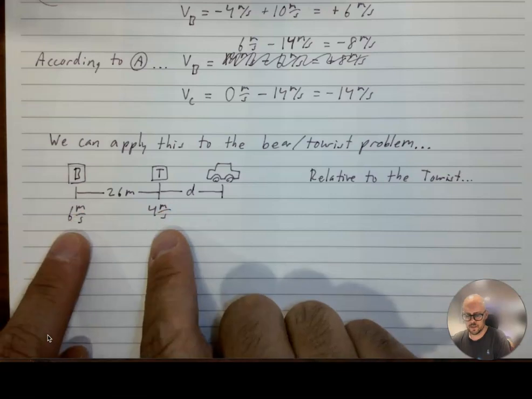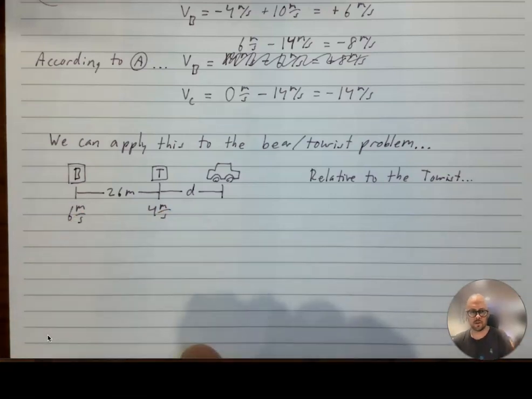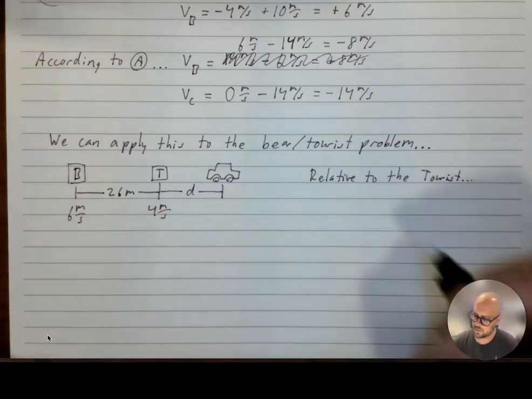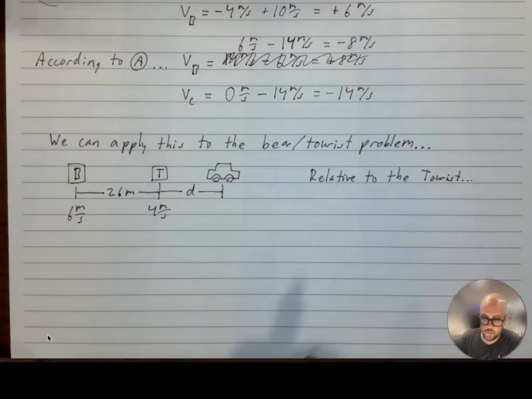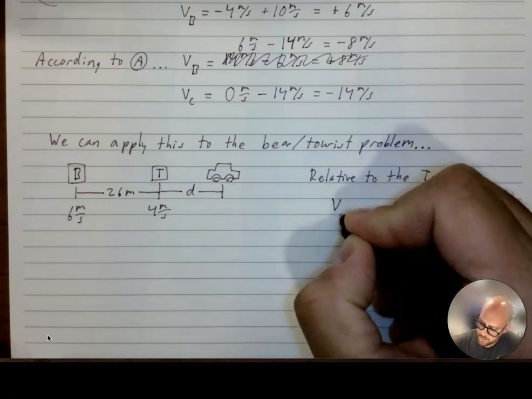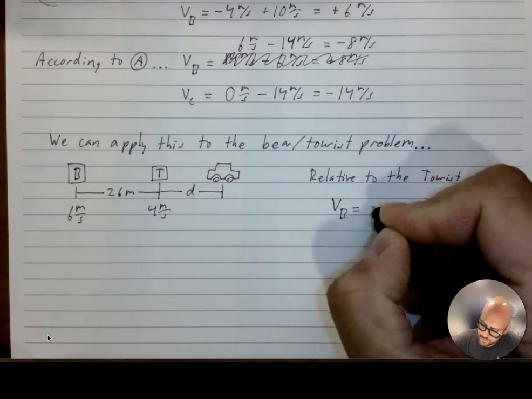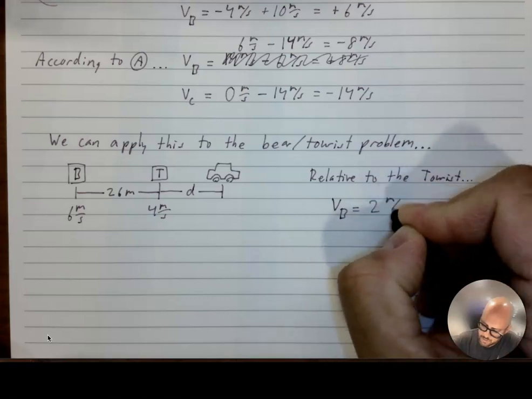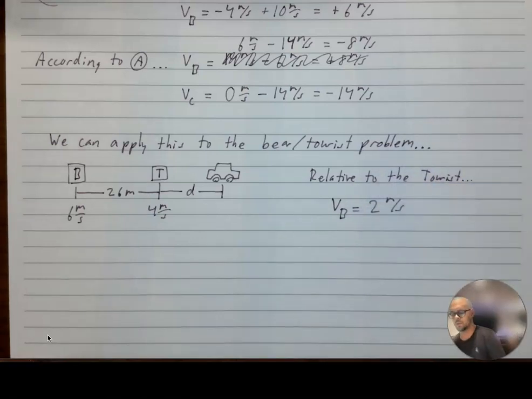That means every second the bear moves 2 meters closer to the tourist. So if I take the tourist's perspective, the bear has a relative velocity of 2 meters per second. In other words, the bear is gaining 2 meters on the tourist every second.